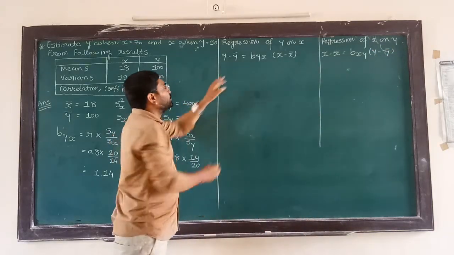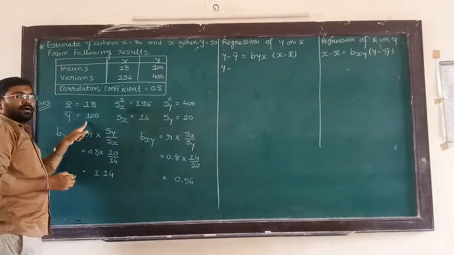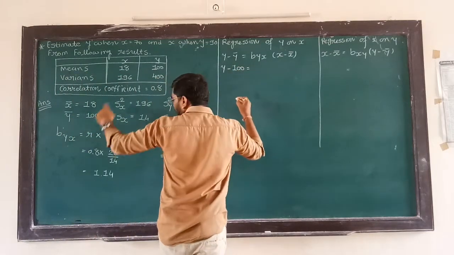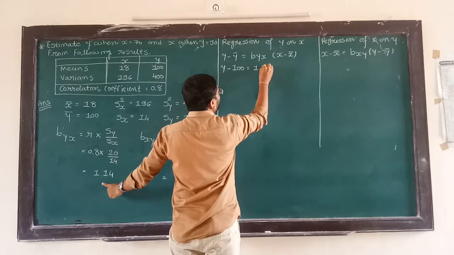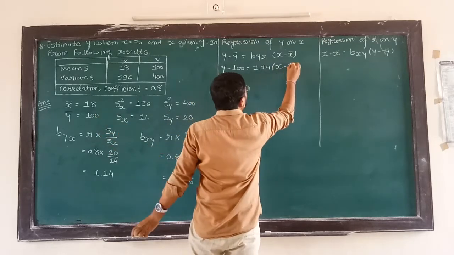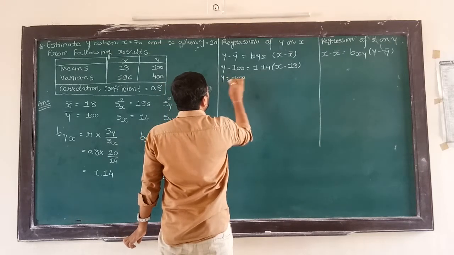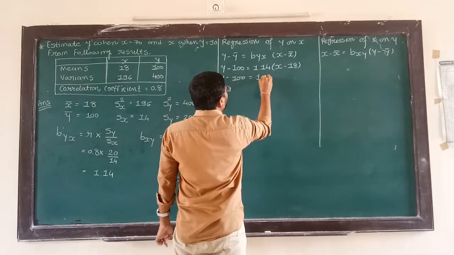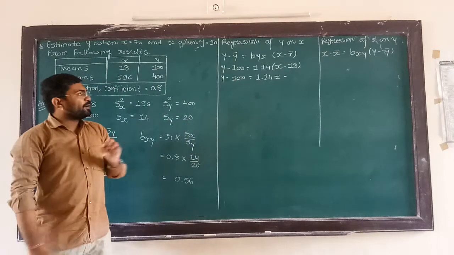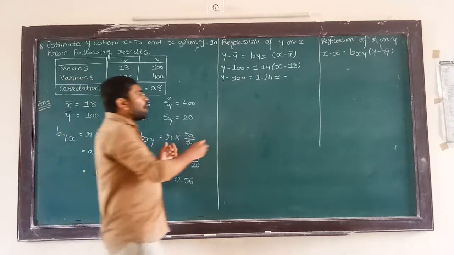Now put in the values: y bar is given here as 100, byx is 1.14 and x bar is 18. So 1.14 multiplied with x minus 1.14 multiplied with 18 is 20.52.